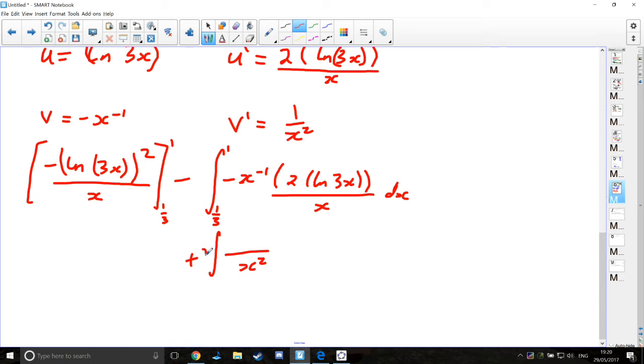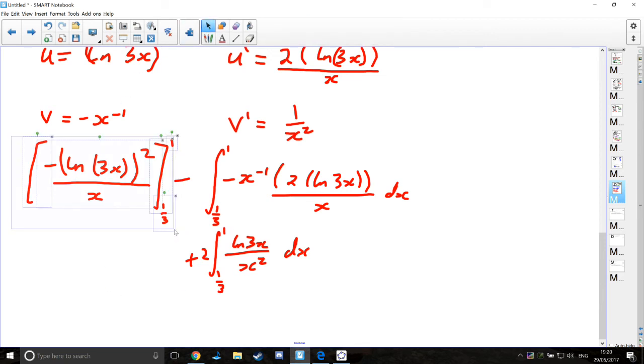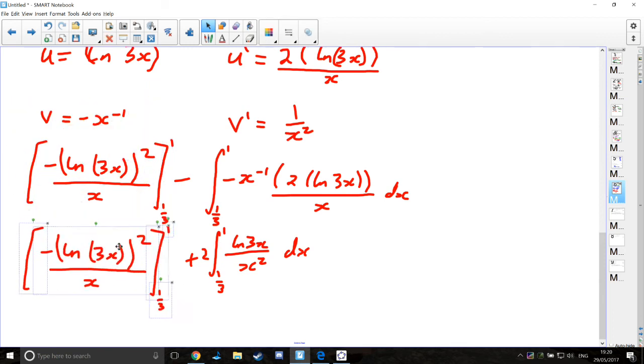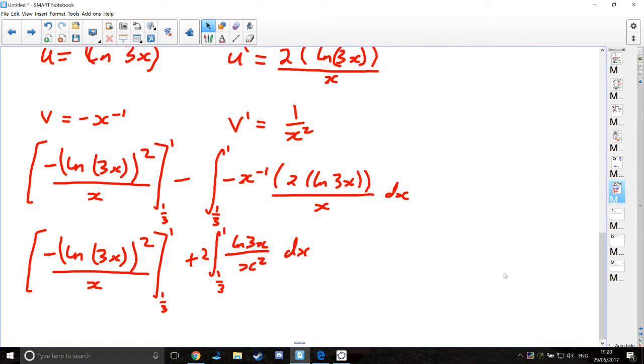I can move this outside. And we get ln 3x here. With respect to x, here's my third on the bottom. Here's my 1. And because I am exceedingly lazy, there we go.